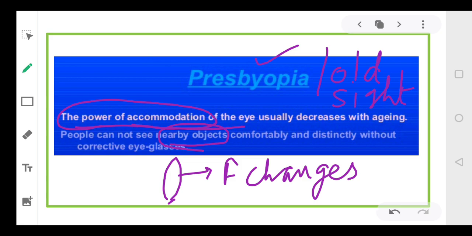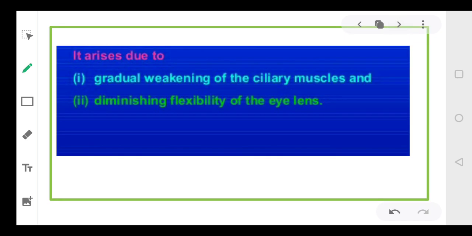So this generally happens in old age. That is why we call it old sight. Clear? We call it old sight. Clear everyone? I hope you understood. Now what are the reasons why this particular thing happens? See, with age, as I told you, the ability of the lens to change its focal length decreases.